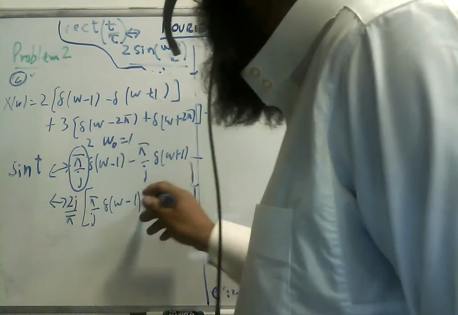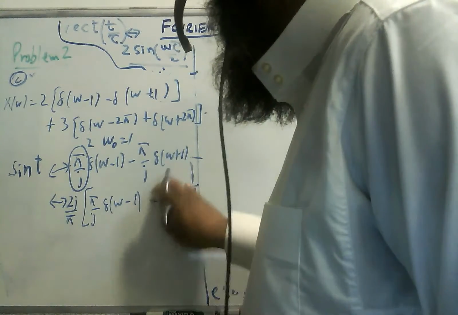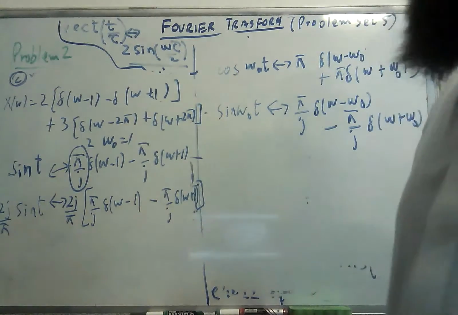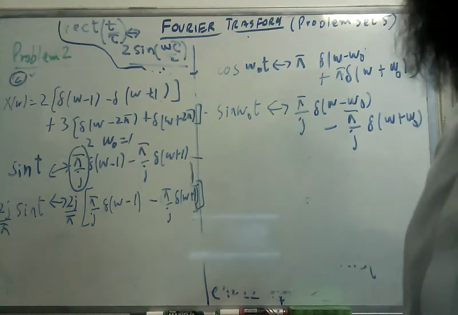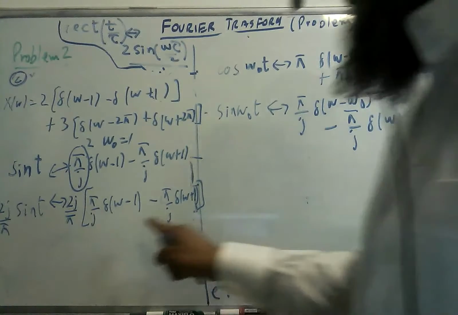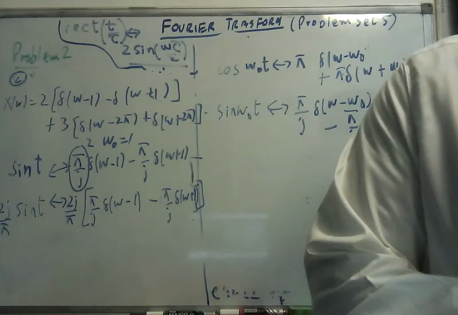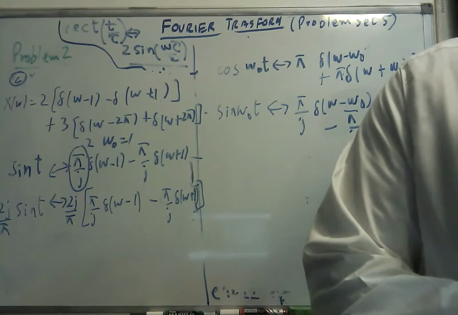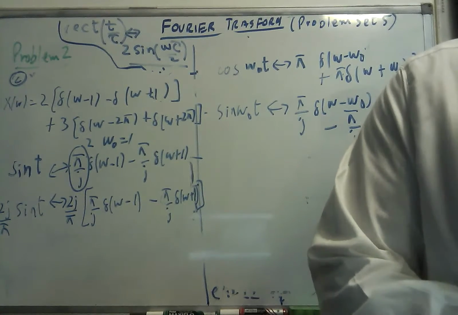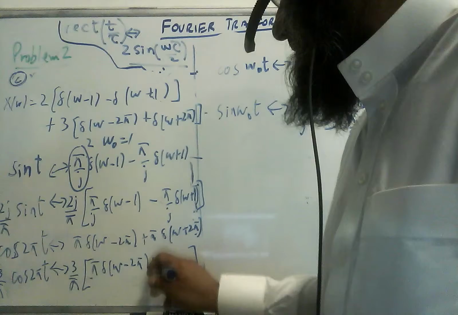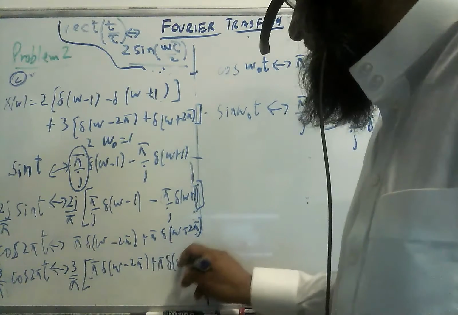According to this, plus pi delta omega plus 2 pi.